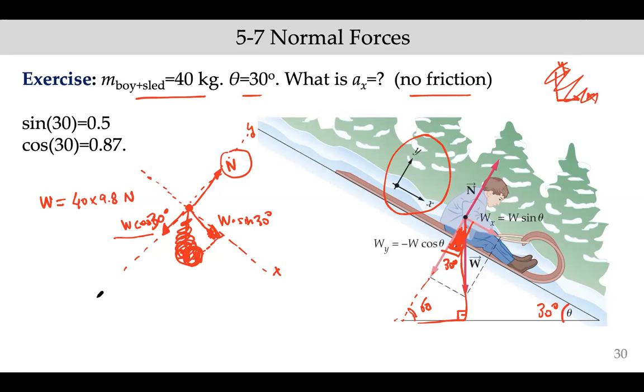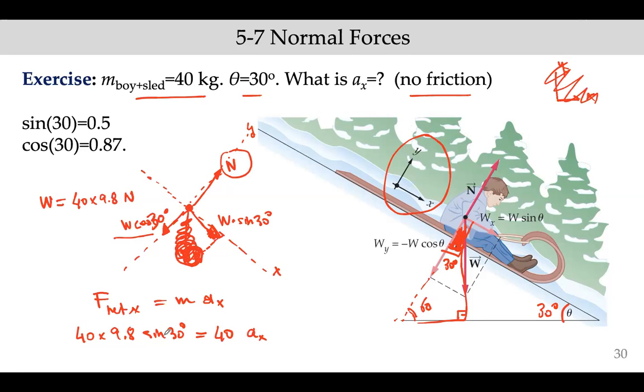So if you want to find the acceleration, write down F net, x component, is m times a in the x direction. So F net is weight, which is 40 times 9.8, this is g, and then sine 30 degrees equals the total mass, which is given already as 40, times a_x.